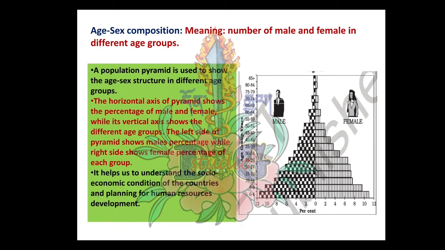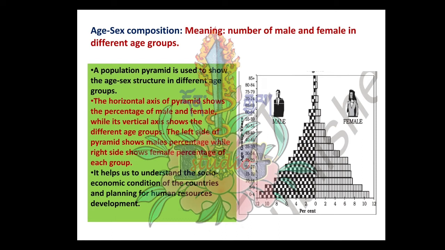Here we are going to learn both the sex and age composition together with the help of a diagram. A population pyramid is used in order to show the age and sex structure in different age groups. To learn the population pyramid, we are going to study the population age sex composition with the help of a diagram called a pyramid.